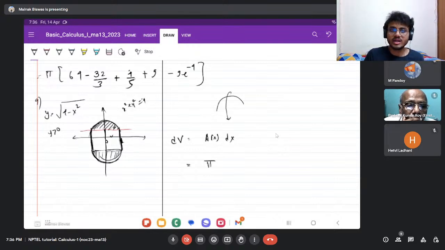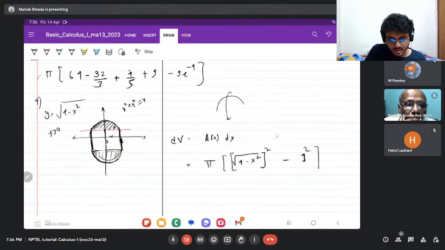So what will be your area or your volume dA? It will be the square root of 4 minus x squared, whole square, minus 1 squared, between x is equal to 0 and 1, into 2. Do you agree?